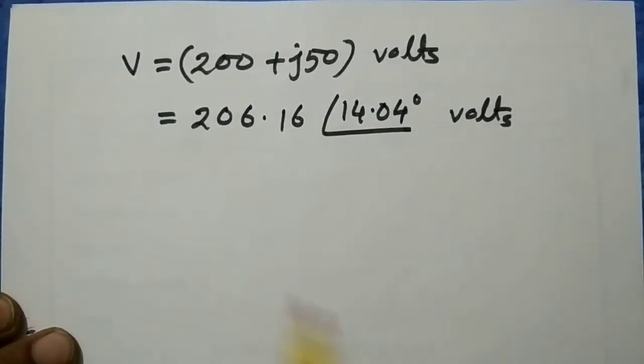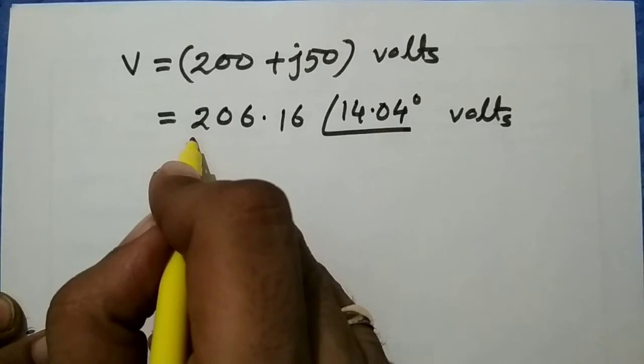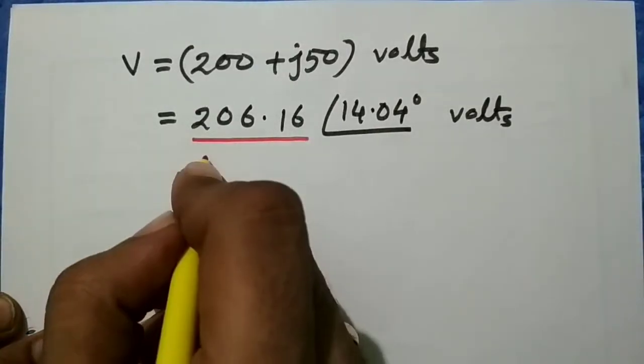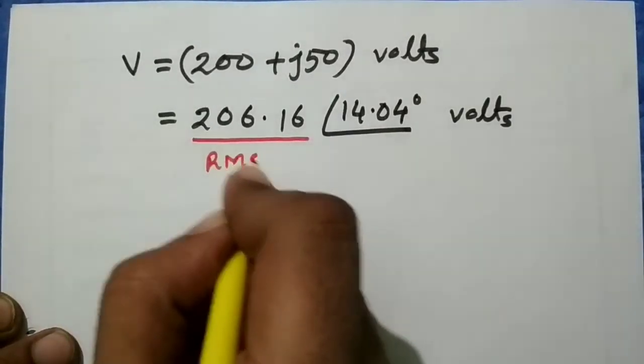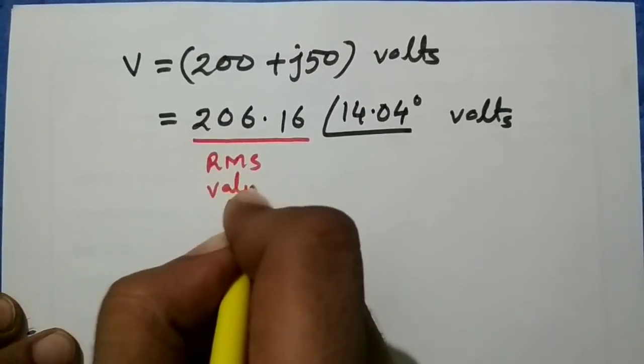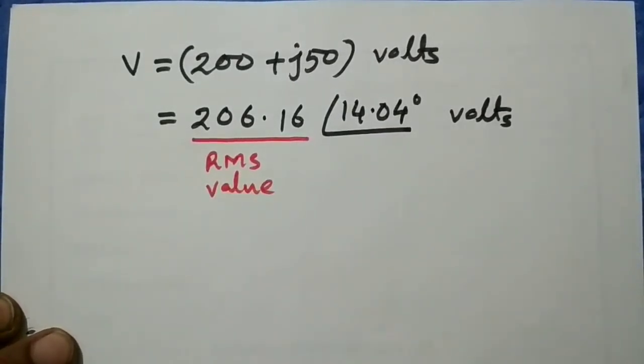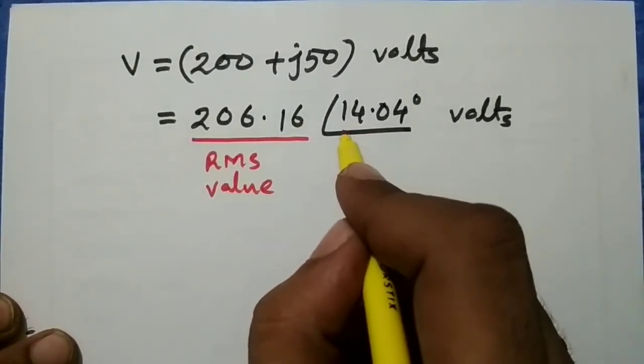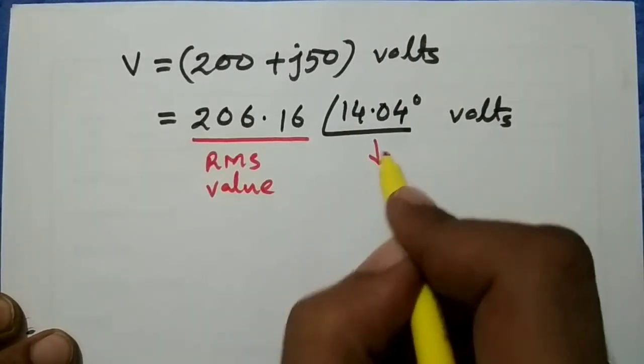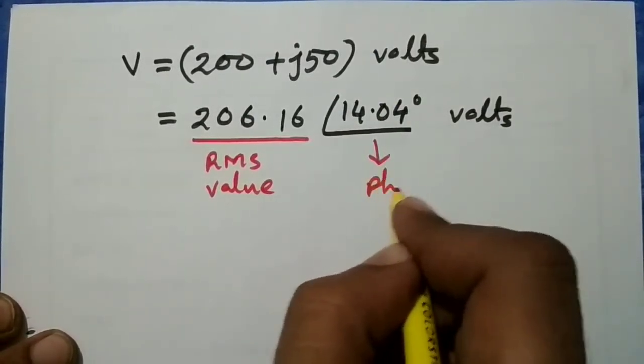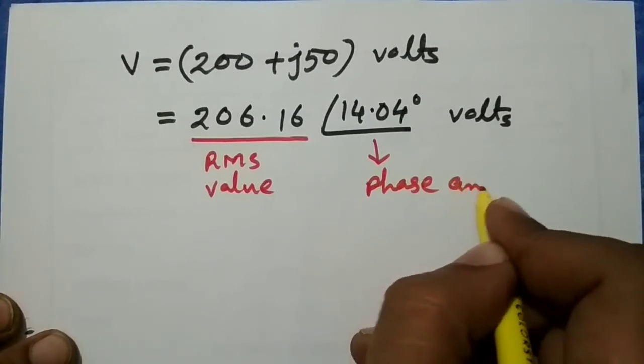Here 206.16 is the magnitude or the RMS value of the voltage. And similarly 14.04 is the phase angle of the voltage.